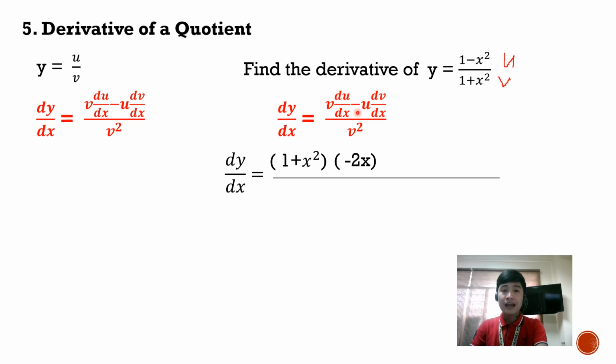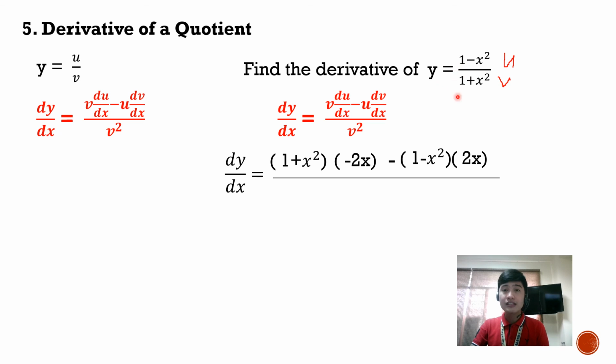So, minus, so ang u natin dito, 1 minus x squared. So, lagay natin dito, multiplied sa derivative ng v in terms of x, derivative nung nasa baba, so 1 plus x squared. So, sum ng dalawang function, so papasok agad sa derivative of a sum. So, kukunin natin ang derivative nung first, which is a constant, derivative nung x squared, which is application ng derivative of a power. So, in this case, ang derivative po niyan ay 2x. Ngayon, paano po nangyari yon?